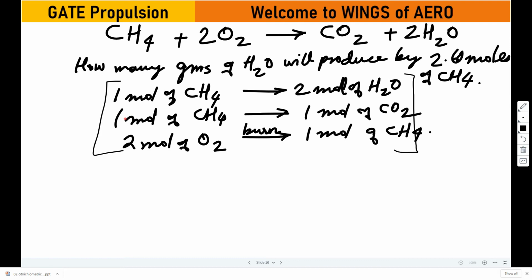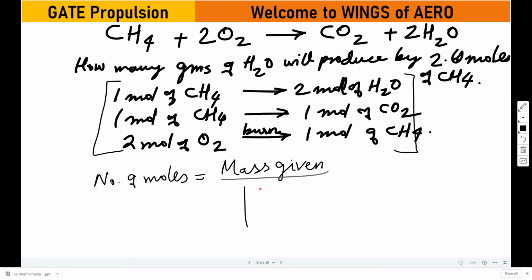Now do you have any idea how to solve this? Whenever they give a number of moles, remember the number of moles is the mass given divided by the molar mass or molecular mass of that particular thing.